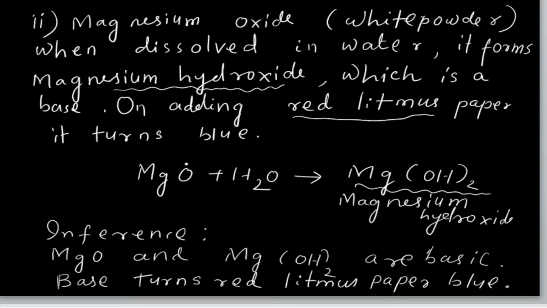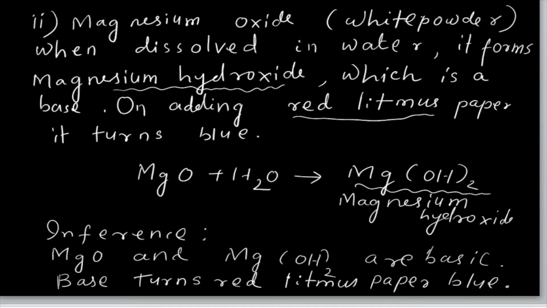So first magnesium burns and gives magnesium oxide. Next, you take magnesium oxide in a test tube with water, and it produces magnesium hydroxide. Now the inference. What is the inference? Magnesium oxide and magnesium hydroxide are basic.